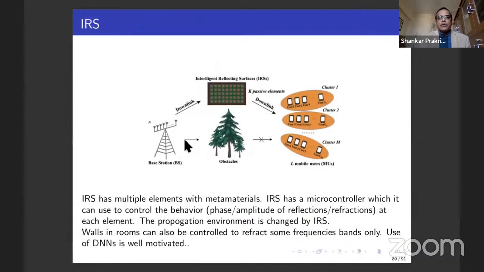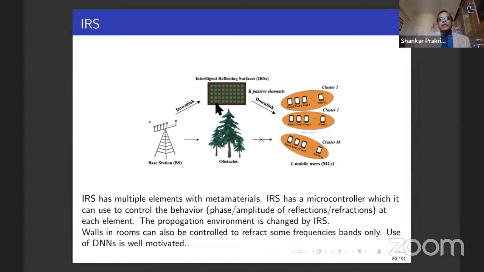One other example where DNNs can be very, very useful is intelligent reflecting surfaces, also called RIS, reconfigurable intelligent surfaces. Here, these are actually metamaterials. Each one of these elements can be controlled. Its behavior can be controlled, for example, its phase. Suppose you have a certain signal impinging on it, it can reflect it with a certain phase, right? And amplitude.